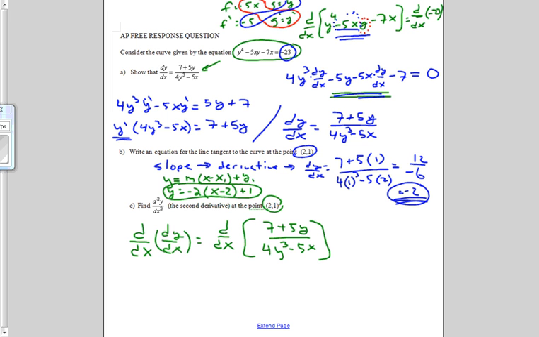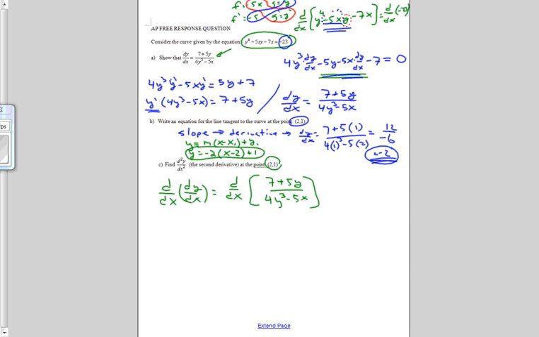Okay, well, this is going to get a little bit ugly, but it's using the quotient rule. Finding the derivative of this here, which is my second derivative, it's low d high.